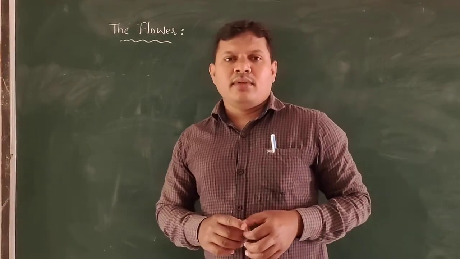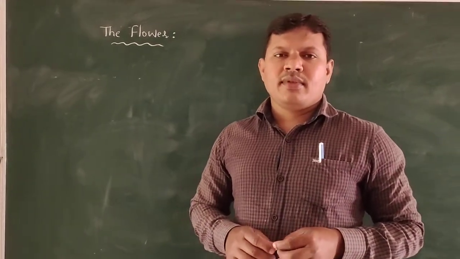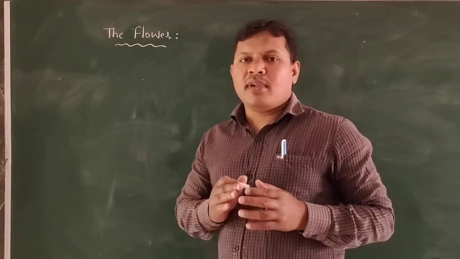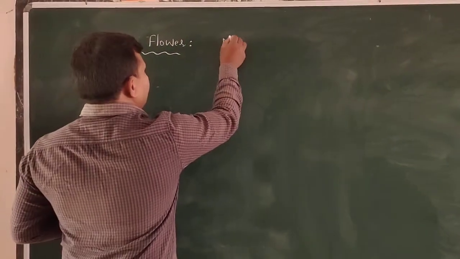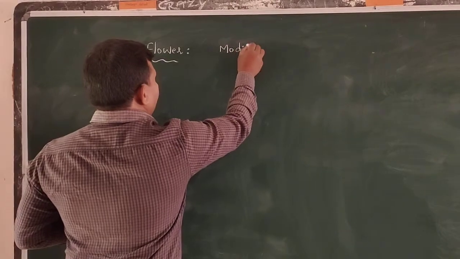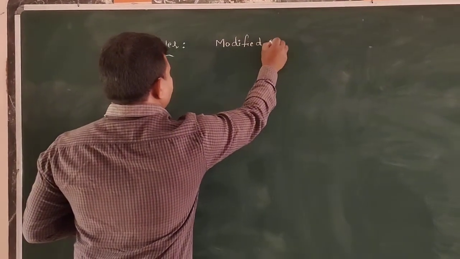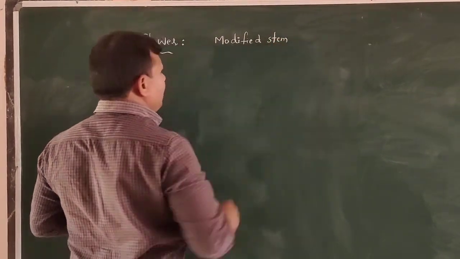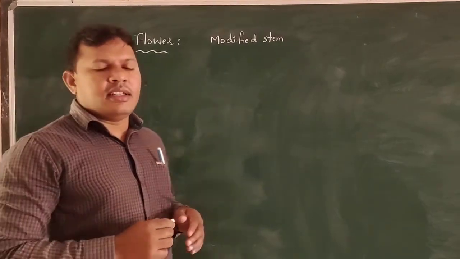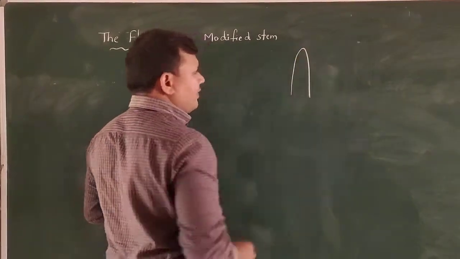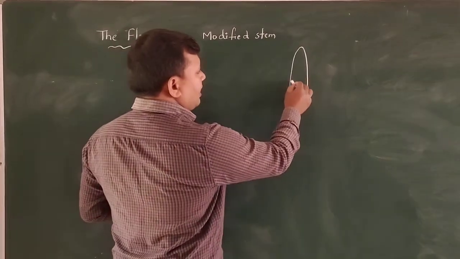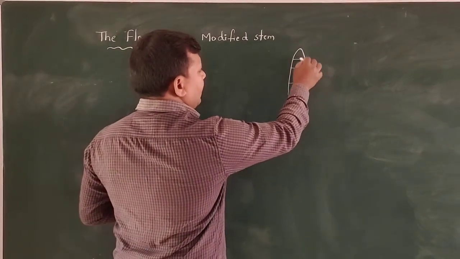So what is a flower? A flower is a modified stem. For example, this is the stem. On this stem, we see the nodes and internodes.